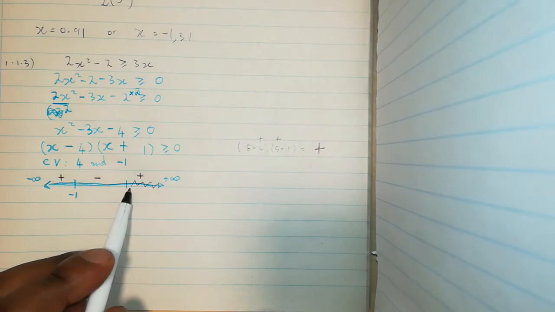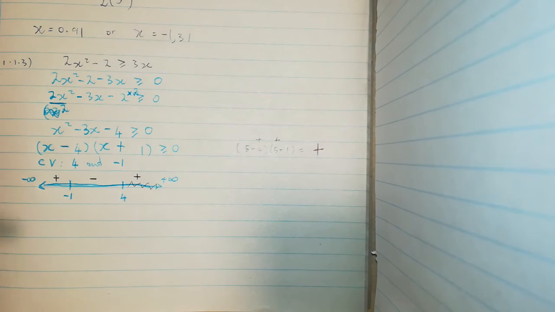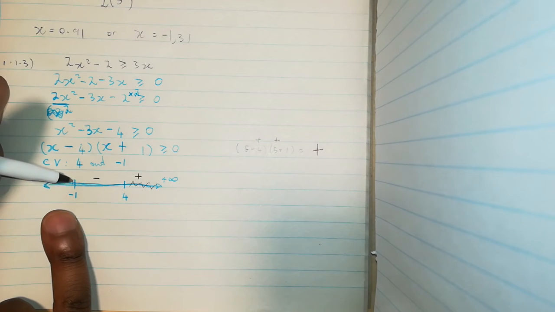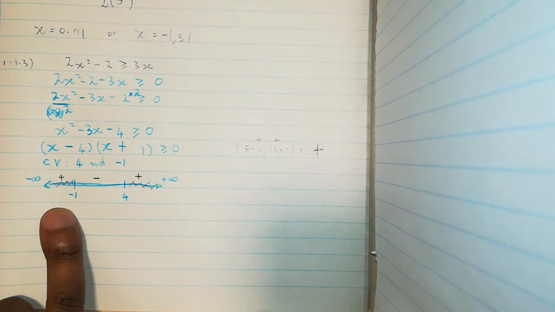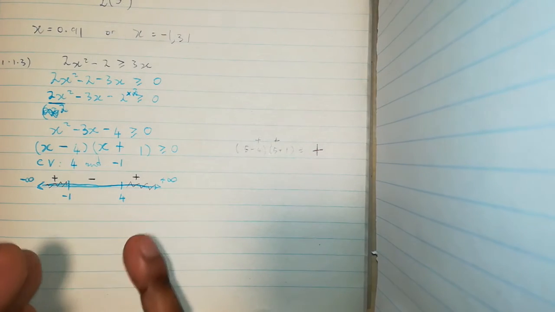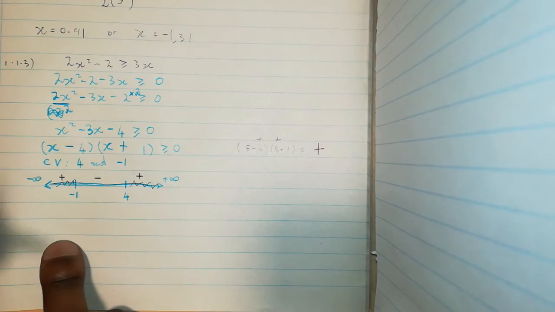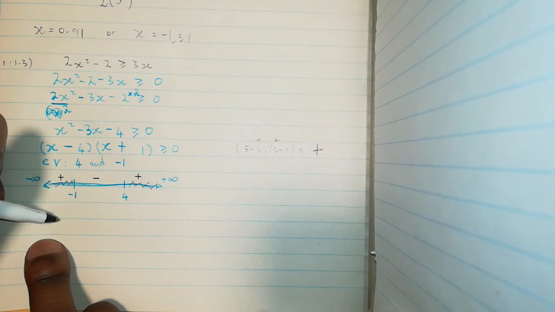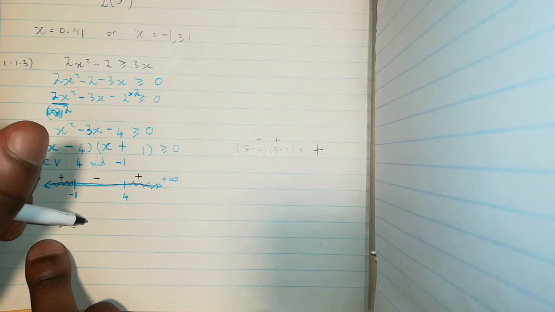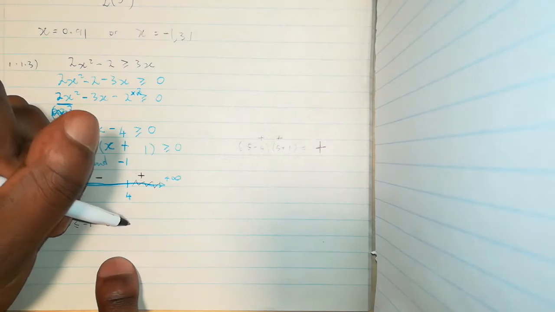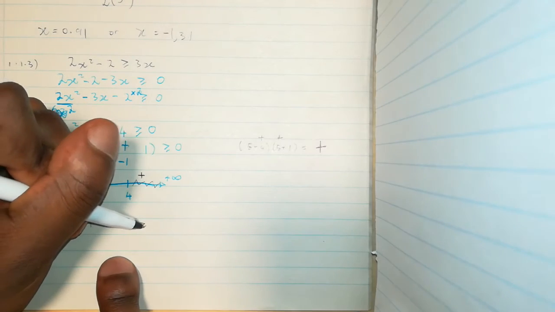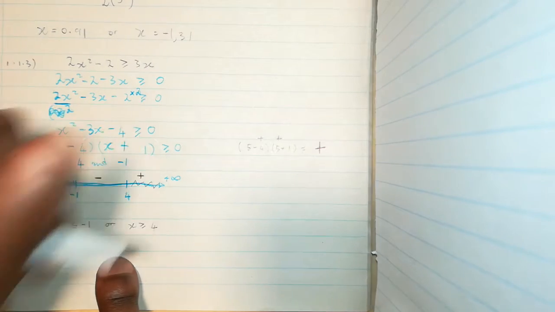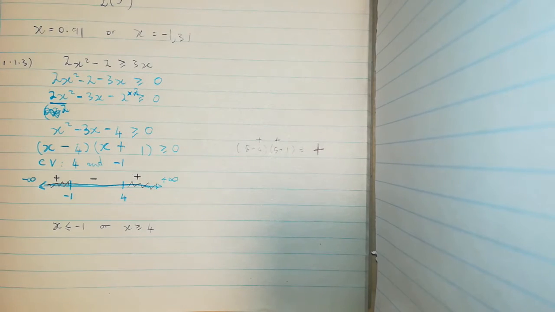It's from 4 up to infinity, and from negative 1 going to negative infinity. It's within that area. So we want x to be less or equal to negative 1, or we want x to be bigger or equal to positive 4, and that's it.